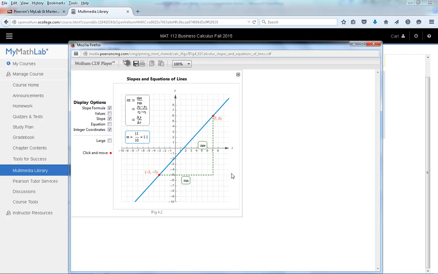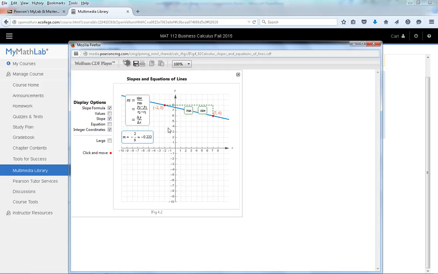So that is how we define the slope. Now, what the slope does is it says, if x increases by 1 unit, then y is going to, since it's positive, increase by this amount, 1.1 units. Let's drag this point so that we have a negative slope.